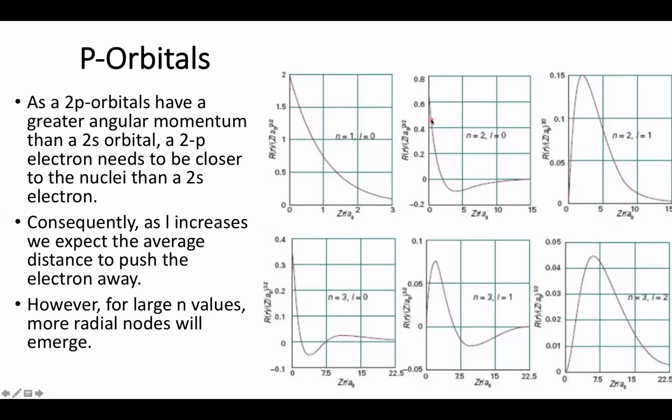But a very crucial factor happens here, which is I have this peak right here at the nucleus, which means that while on average an s orbital is further away than a p orbital, it does spend a not insubstantial amount of time right next to the nucleus. And this is going to play some crucial roles as we move on and talk about multi-electron systems. But for now, I just want you to be aware of it.